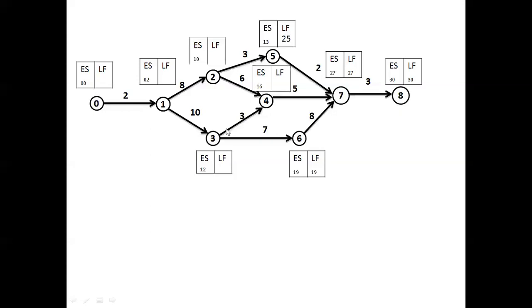Then for 4, again 27 minus 5, which is 22. 22 is the latest finish time for activities 2 to 4 and 3 to 4. The 3 to 4 and 2 to 4 can latest finish by the 22nd day.